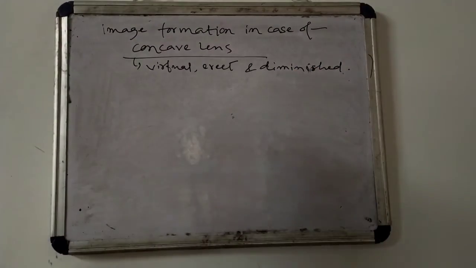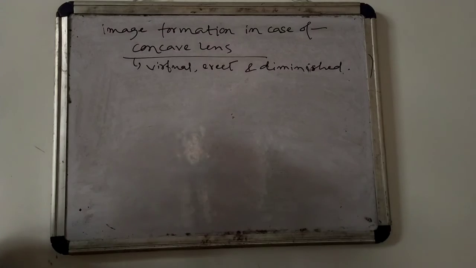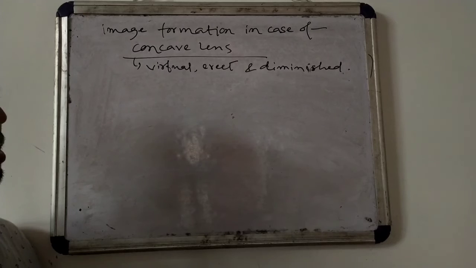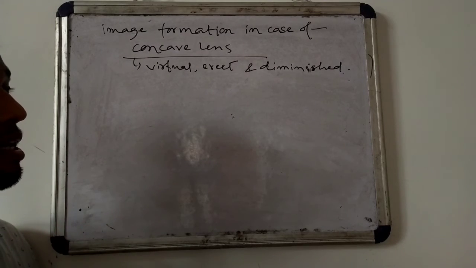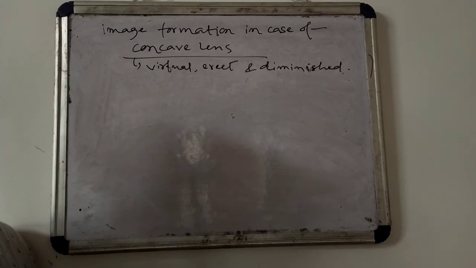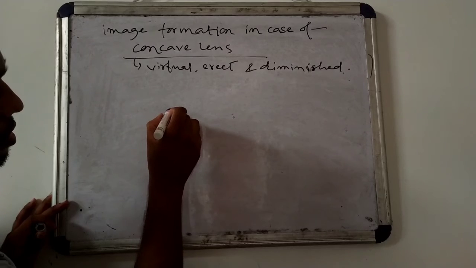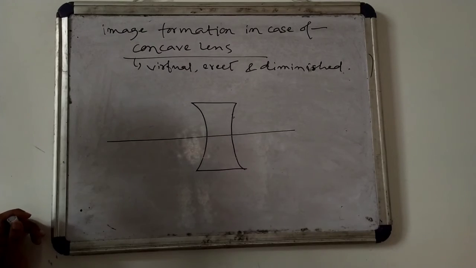In convex lens we can get real and virtual image, inverted and erect image, enlarged and diminished image, all kinds of image we can get from convex lens. But from concave lens we can get only virtual, erect and diminished image. Consider that the object is placed at infinity.